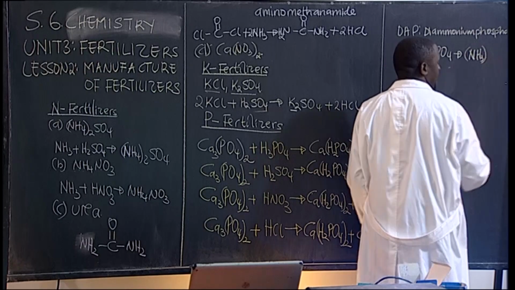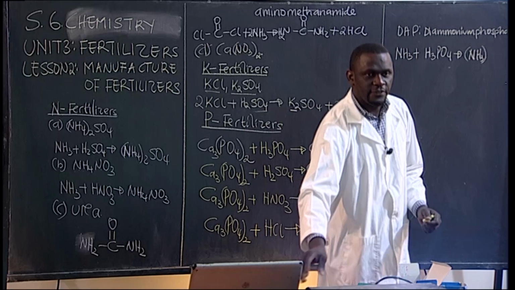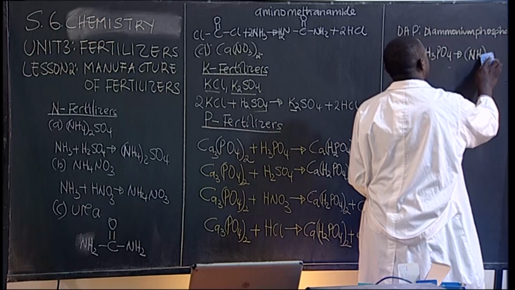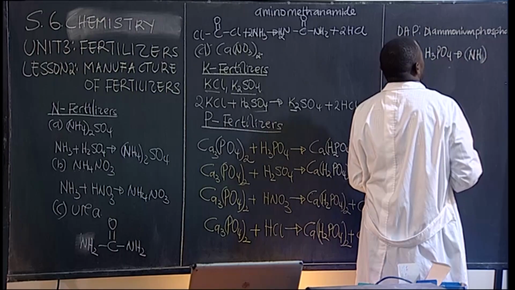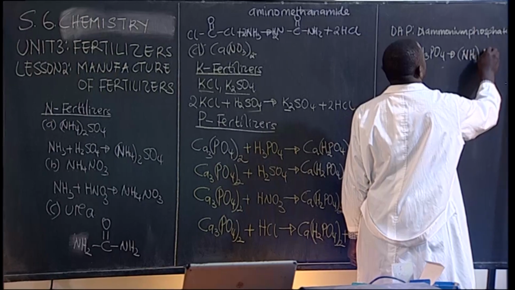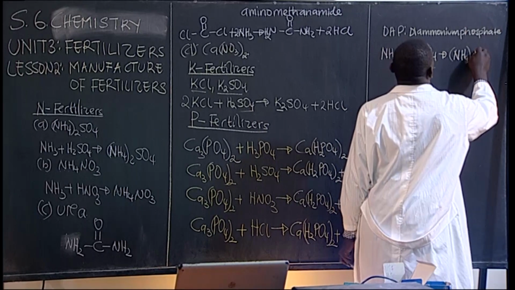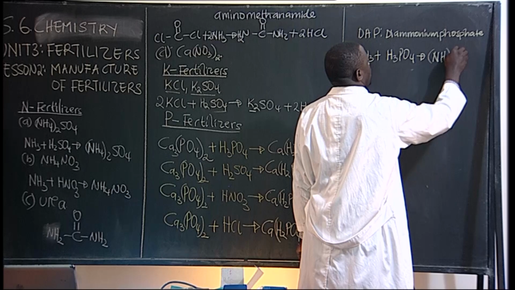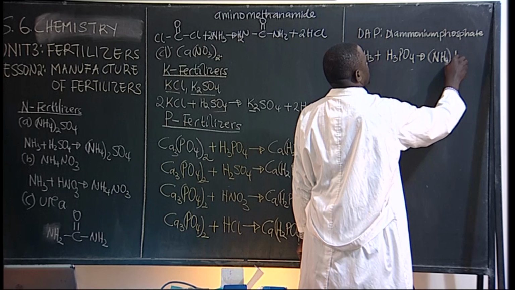We put 4 here, so we put 4 here, diammonium. And say diammonium phosphate, it's supposed to be hydrogen phosphate. So we put our phosphate in here.